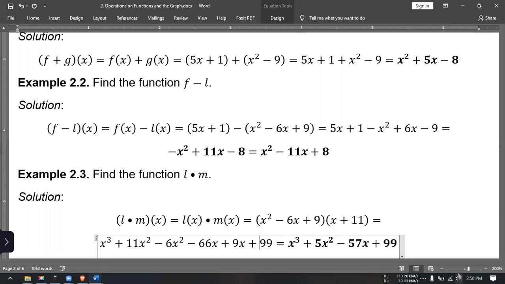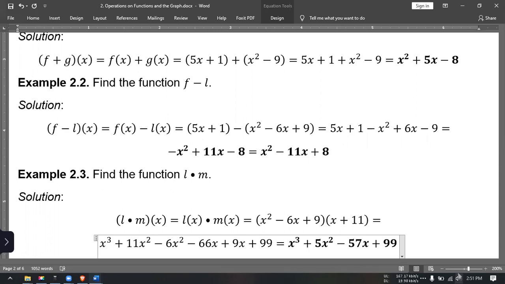When multiplying algebraic expressions, doon natin may apply yung distributive property. Now if you are to multiply monomial to a polynomial, we have to distribute the monomial for every term of the polynomial.